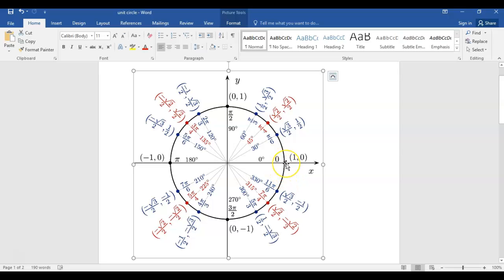Now, we know that these answers are periodic. In other words, if my calculator gives me negative pi over 6 as an answer, I know if I wanted to turn that into a positive, all I have to do is add 2 pi, and I get 11 pi over 6. I could add 2 pi again and get another answer.